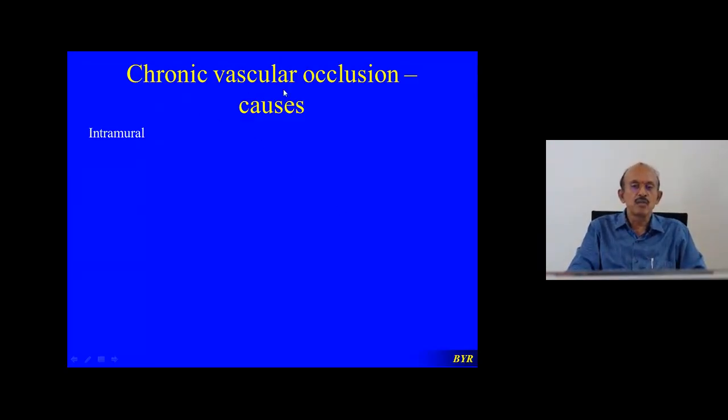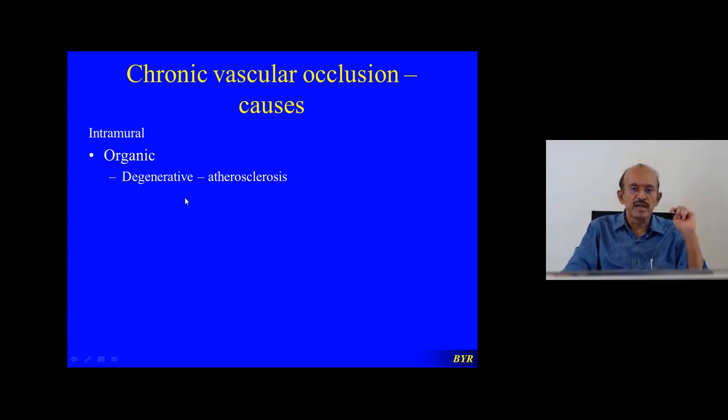Chronic vascular occlusion. Acute means there is sudden and complete occlusion of the blood vessel. Chronic means there is gradual, progressive occlusion of the blood vessel. What are the causes? The intramural causes are classified into organic and functional.